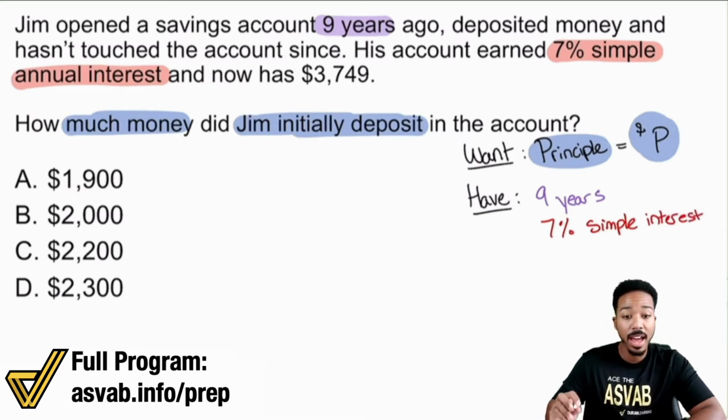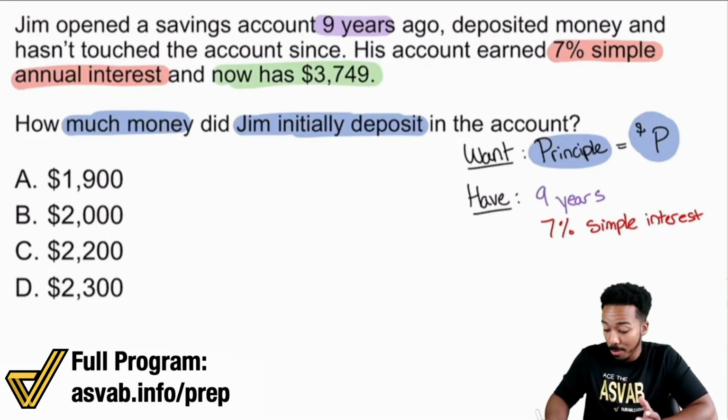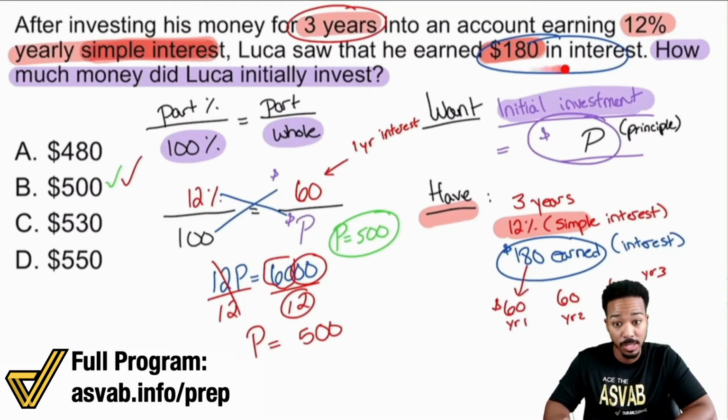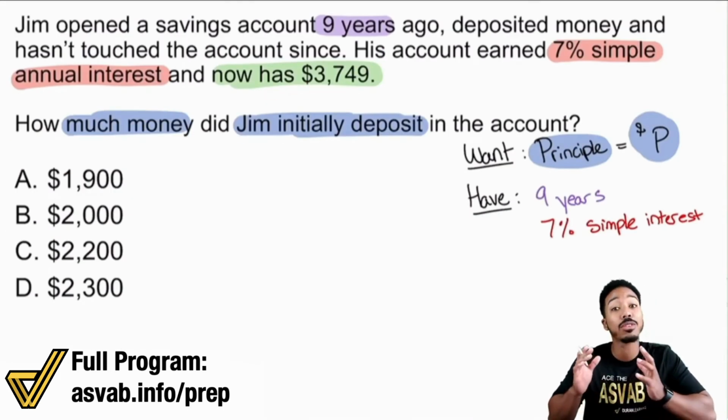And then we have the account's current value. So notice, this is very different than the previous problem. We see that this is what the account has now, not how much interest we earned. So remember, in the previous problem, we were given how much money we had in interest. Now we're being given how much money is in the account total.